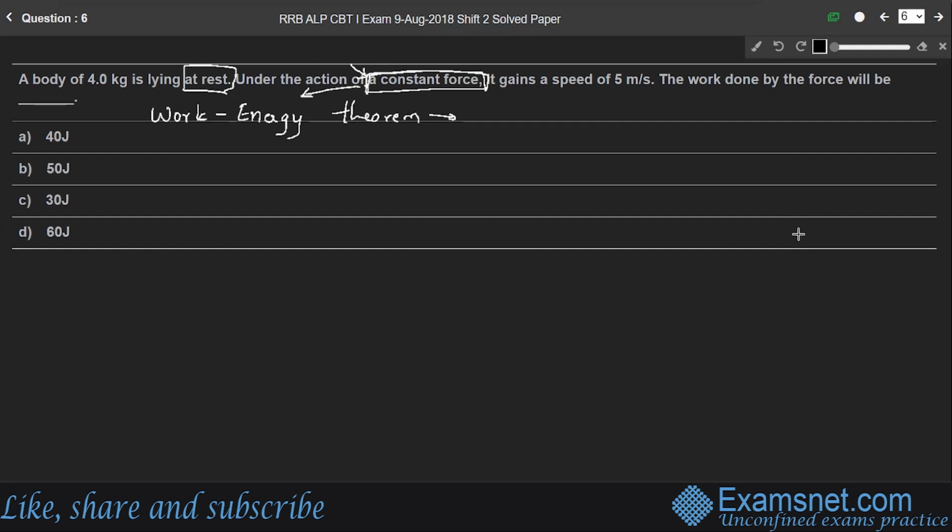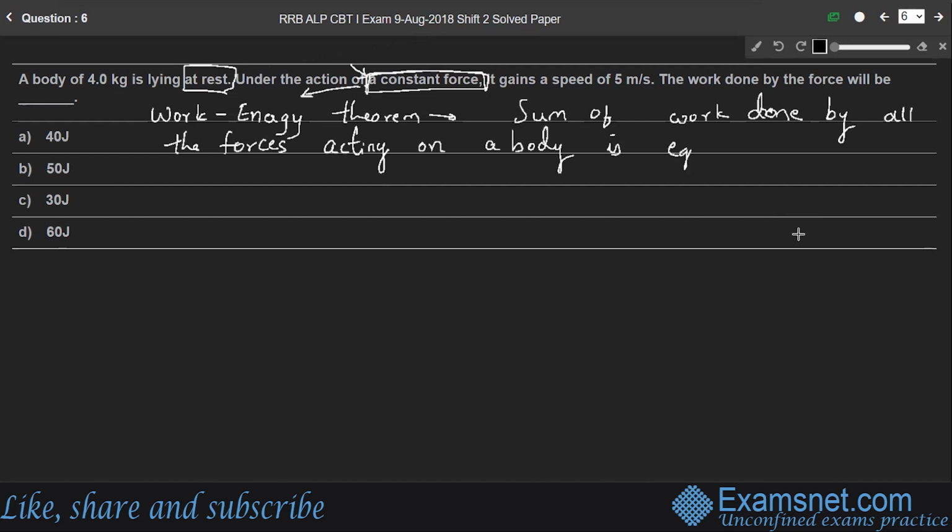Therefore, the work energy theorem states: sum of work done by all the forces acting on a body is equal to the change in the kinetic energy of the body.